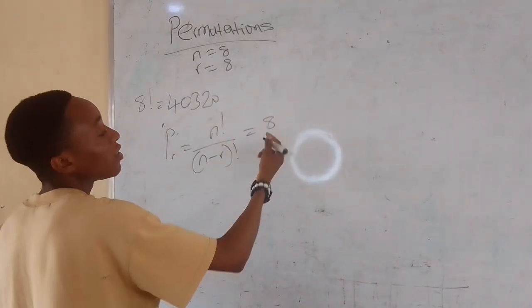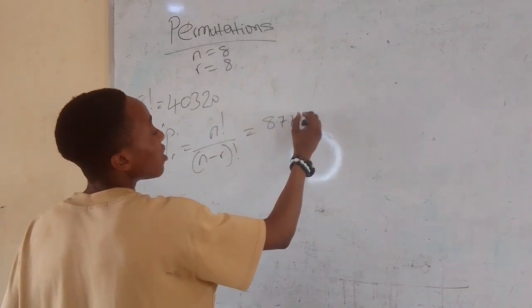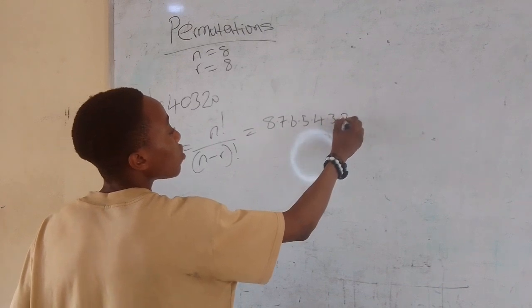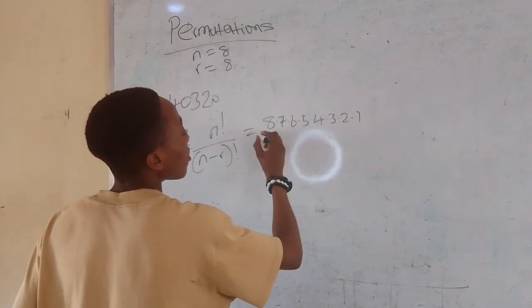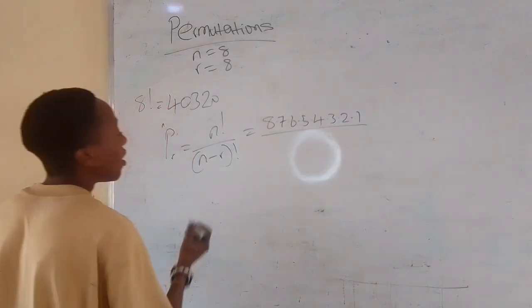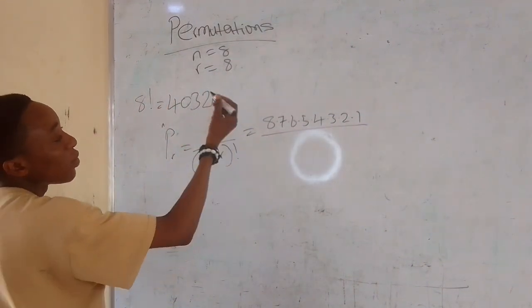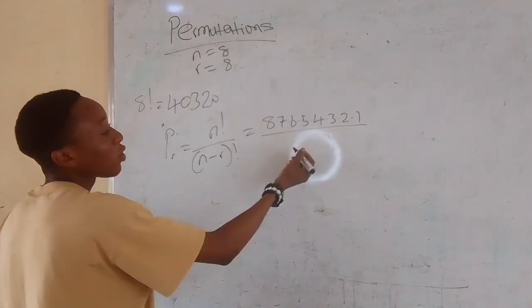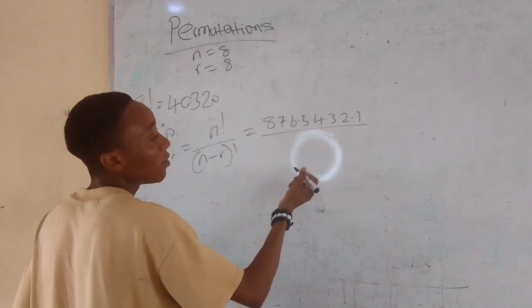8 factorial is 8 times 7 times 6 times 5 times 4 times 3 times 2 times 1, all over (n minus r) factorial. Our n is 8, our r is also 8. 8 minus 8 is 0. So 0 factorial is always equal to 1.